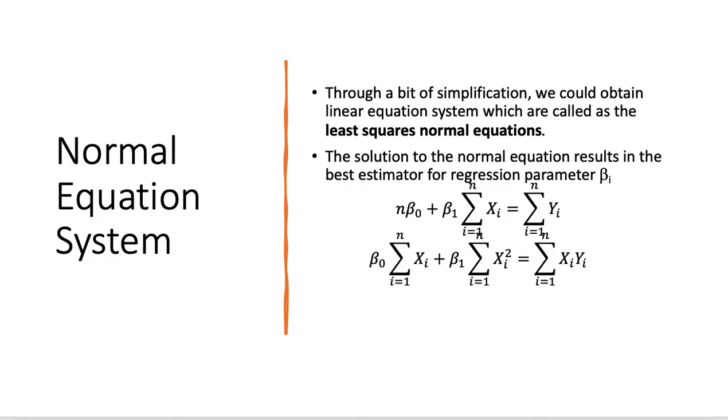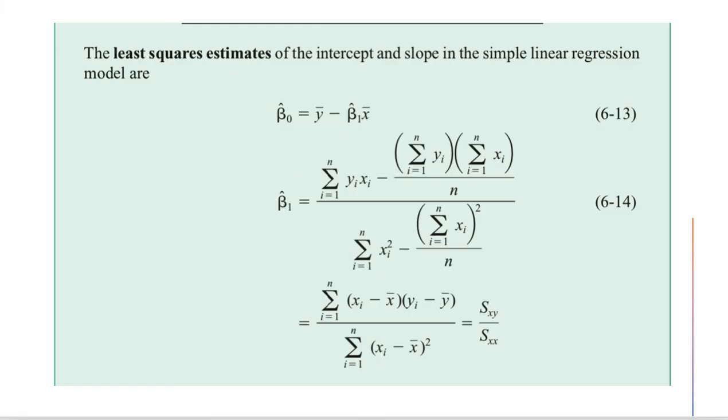The solution to the normal equations results in the best estimators for the regression parameters beta 1 and beta 0. The general equation to find the beta 1 and beta 0 values can be seen in this slide.